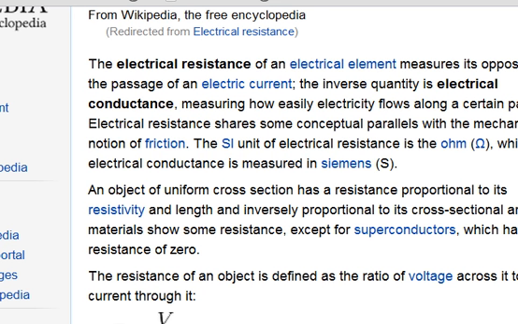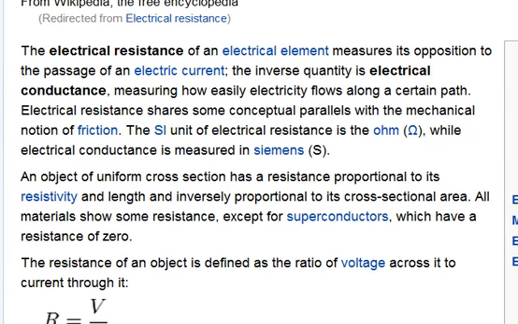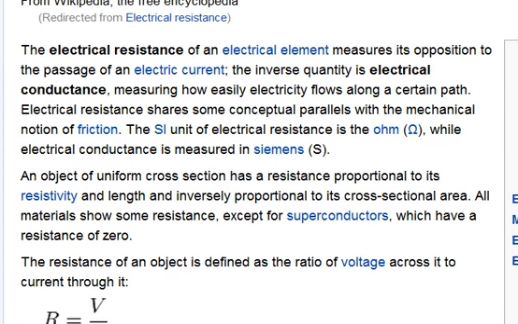The electrical resistance of an electrical element measures its opposition to the passage of an electric current. The inverse quantity is electrical conductance, measuring how easily electricity flows along a certain path. Electrical resistance shares some conceptual parallels with the mechanical notion of friction. The SI unit of electrical resistance is the ohm, while electrical conductance is measured in siemens.